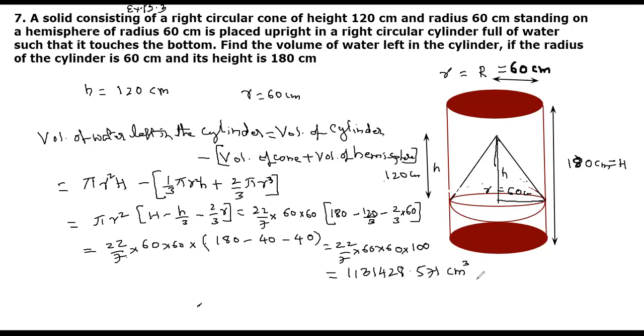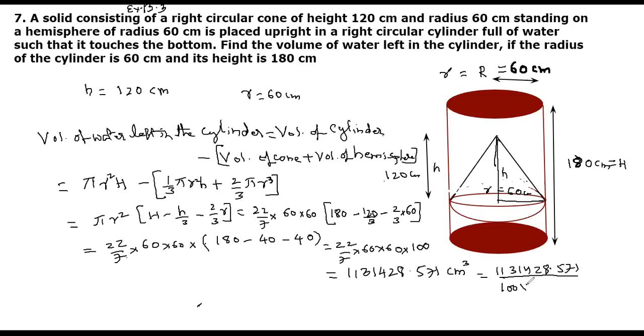And if you want to convert into cubic meter, you have to divide it by 100 into 100 into 100, since 1 meter is equal to 100 centimeters.